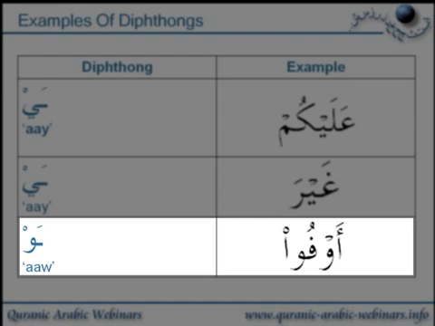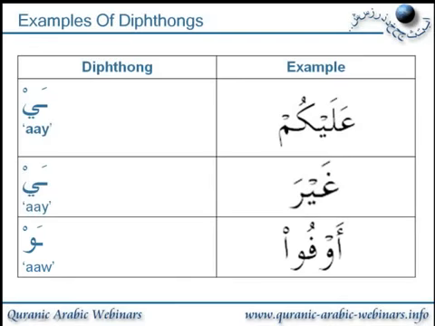So again, in the computer font, the round circle is normally the sukoon, but in the Uthmani script, the round circle represents something totally different, and we're going to cover that round circle in another lesson. Again, this is aw fu. Okay, and the ow is two long because it's a diphthong, and the fu is actually two long as well, which is covered in the lesson on long vowel sounds. So we've got two long and two long there.